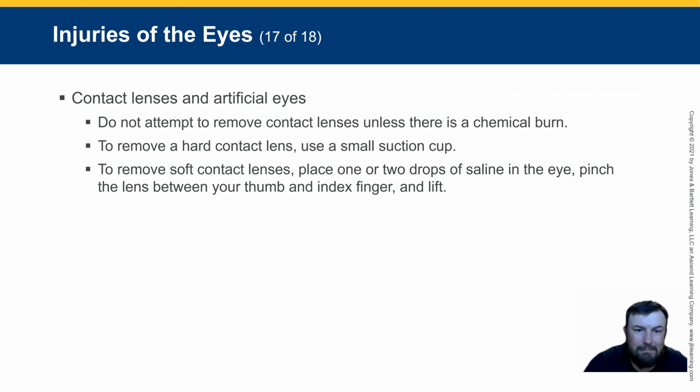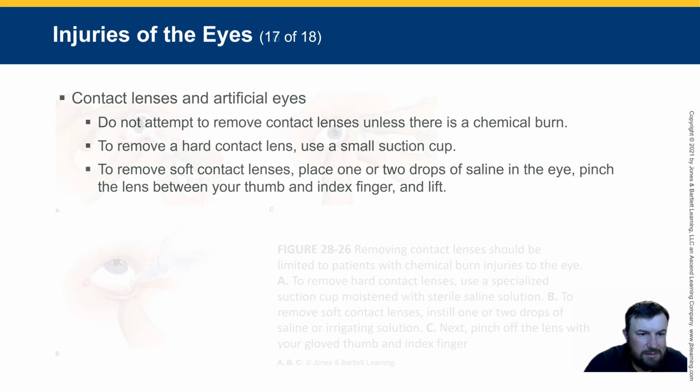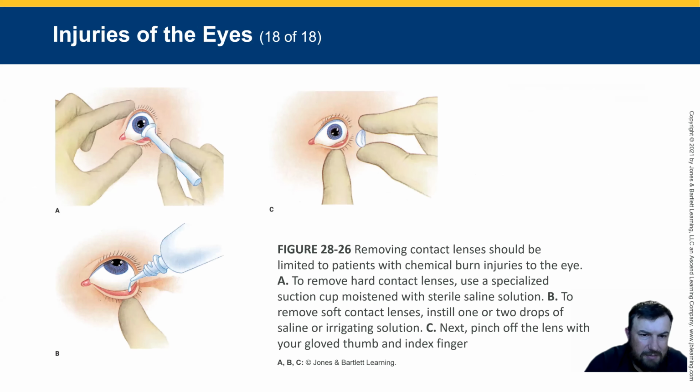We do not want it melting to the eye itself. So there's your suction cup, then pinching a soft contact lens out. To remove a soft contact lens, install 1 or 2 drops of saline or irrigating solution. This just helps lubricate it and makes it easier to grab.